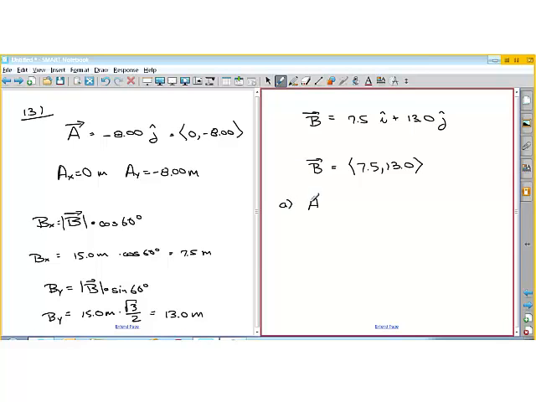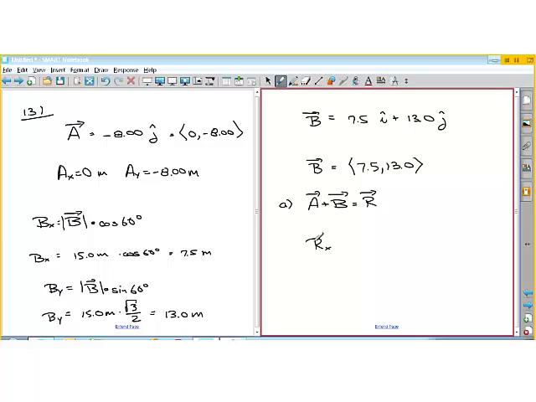Part A is the A vector plus the B vector. The way we do that is we take the x components, and we can still call this the resultant vector for this operation.